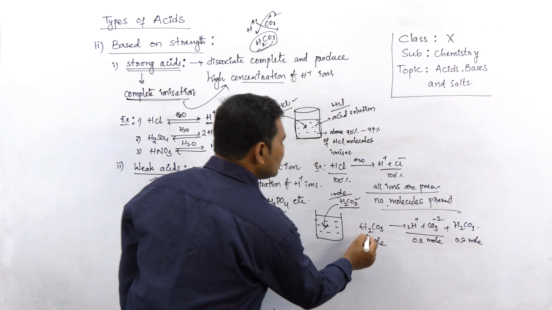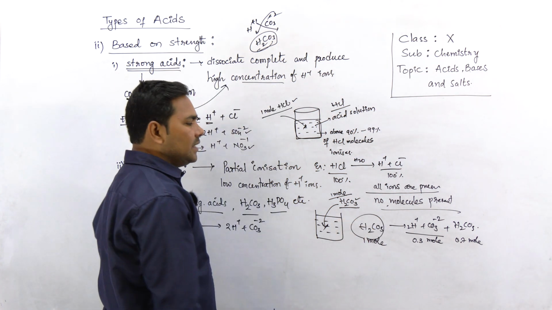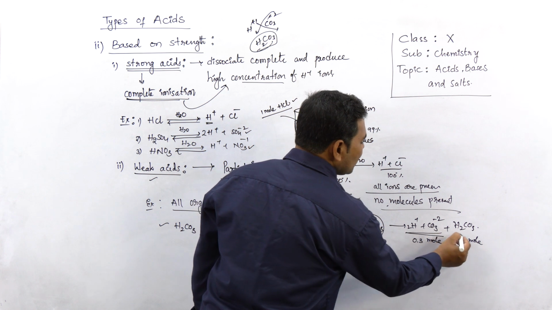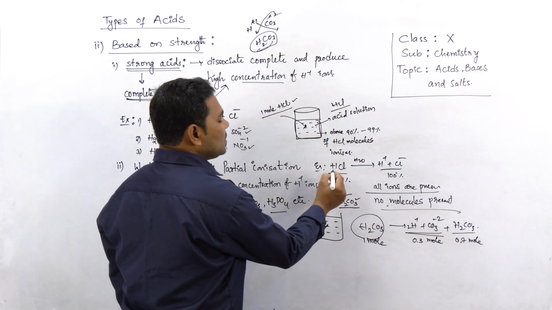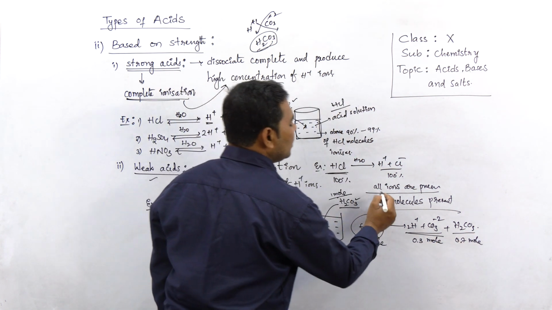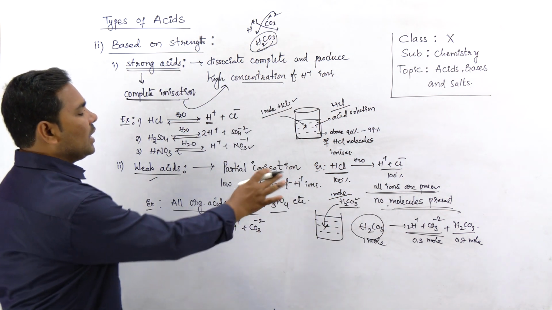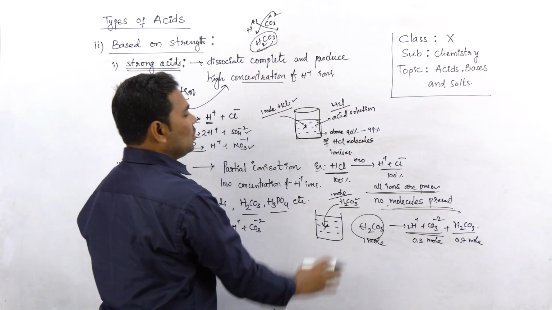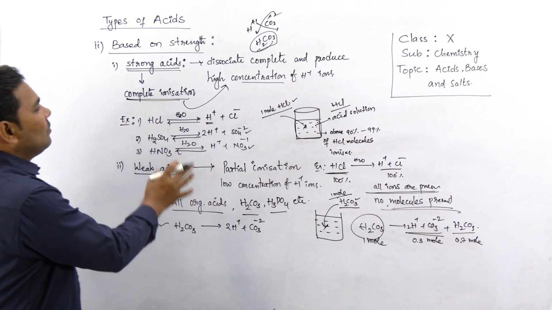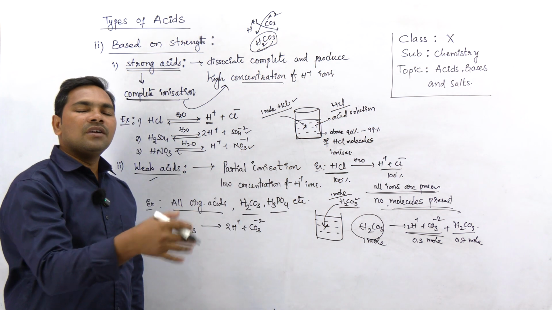Now this is a solution of a weak acid that contains ions as well as molecules. But in a solution of a strong acid, almost all ions are present and no molecules are seen. From this we understand what strong acids and weak acids are.